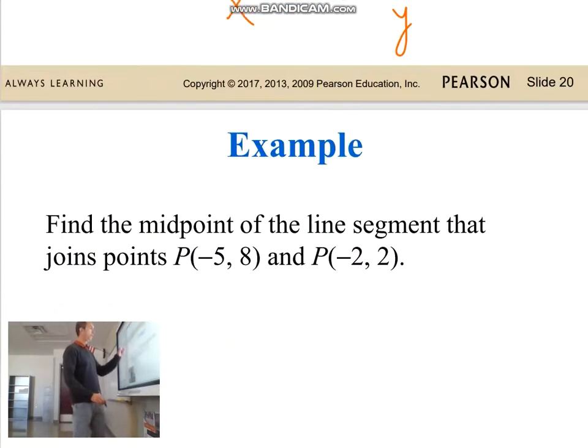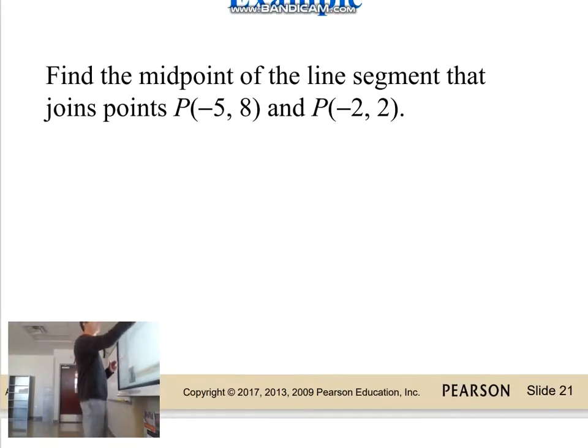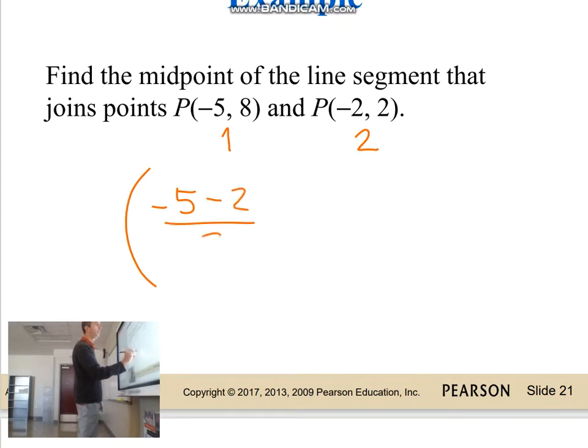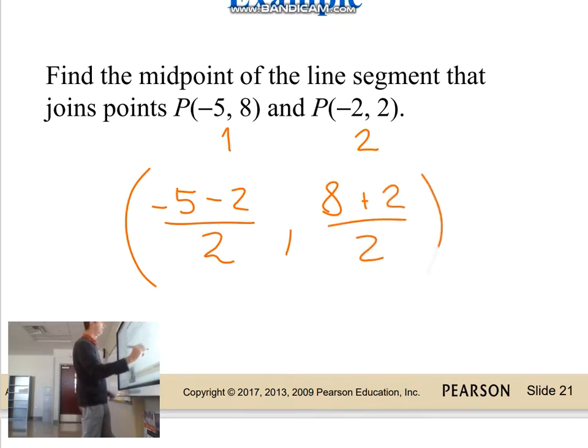Let's check an example. If you have the points, let's say this is point 1, this is point 2, we can calculate the coordinates of the midpoint. x1 plus x2 over 2, and y1 plus y2 over 2.